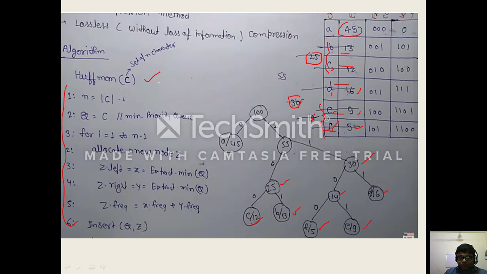Now we create a new cumulative node of 55 when these two are added. Then out of 55 and 45, 45 is the smallest, so A will be the left node with 45, and 55 is already there as the right node, and this forms 45 plus 55, that is 100.